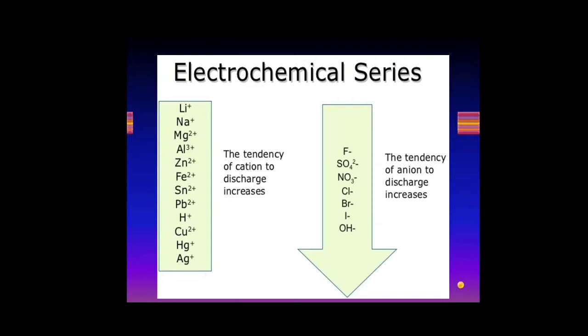Now, do hydroxyl ions just discharge as hydroxyl or OH ions? No, they undergo a chemical reaction where two hydroxyl ions can combine together to form a water molecule, and oxygen is given out.